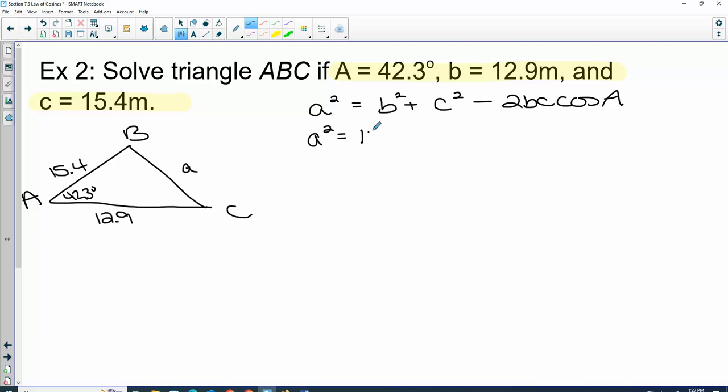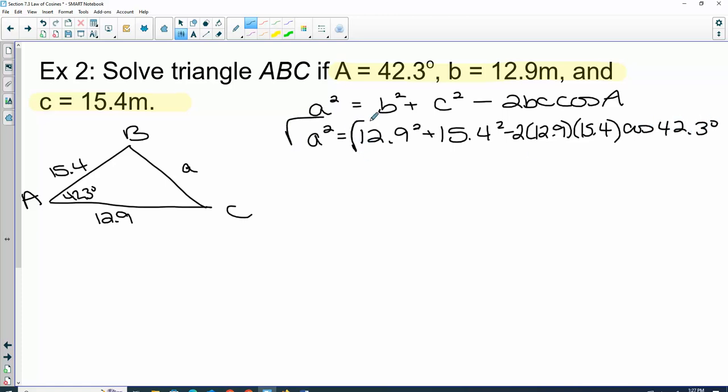So if we plug in 12.9 squared, 14.4 squared, 2 times 12.9 times 15.4, cosine of 42.3 degrees. And if you want to get rid of the square, we'd square root, so we might as well just type it in as the square root of that whole thing.